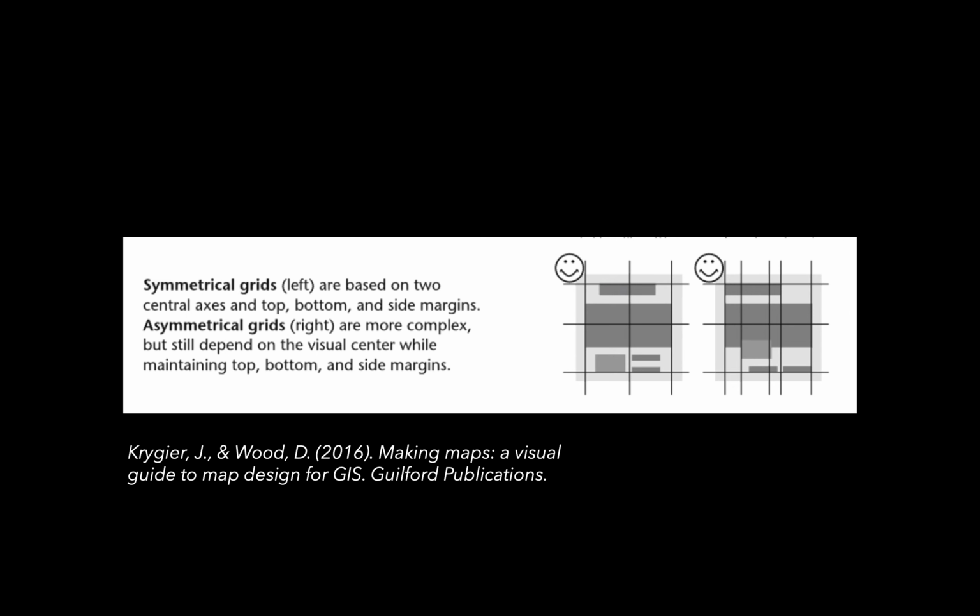And oftentimes an asymmetrical grid will be the result of looking at or mapping a unique shape. For instance, if we mapped Michigan as a state, that has a lot of non-square spaces that you're working with, right? And so in that case, you have a lot of asymmetry because the geographic unit that you're mapping has an asymmetrical shape.